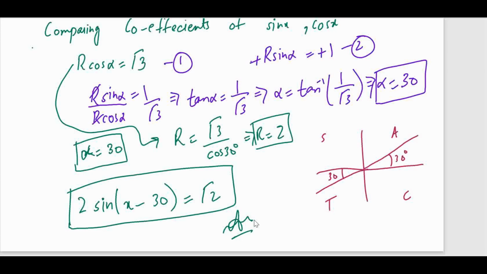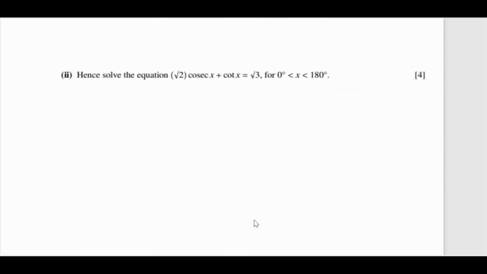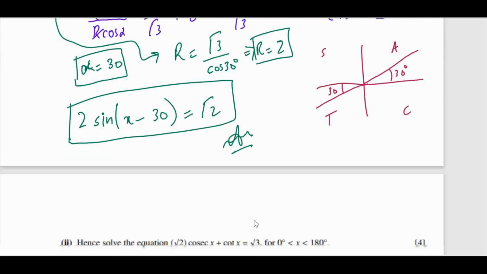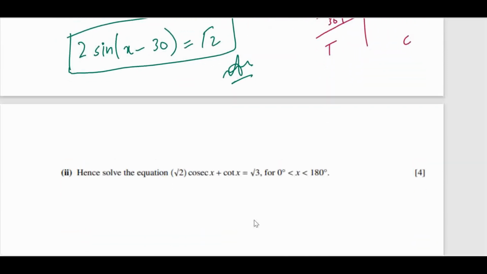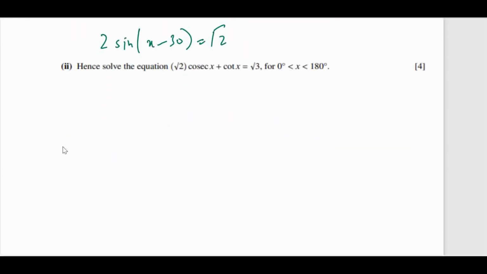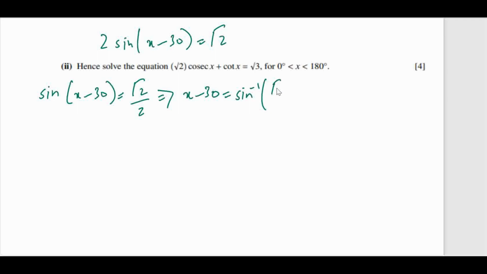Let's move to the second part. Hence solve the equation this. We know that this whole expression is equal to this thing. So let's use this one. So 2 sine x minus 30 is equals to square root of 2. Now we will use this expression. So this will be sine of x minus 30 is equals to square root of 2 by 2, and then x minus 30 is equals to sine inverse of square root of 2 by 2.